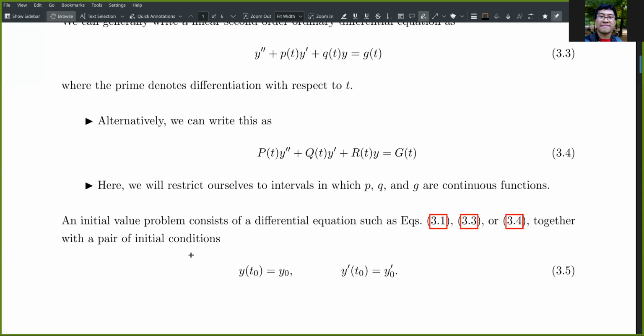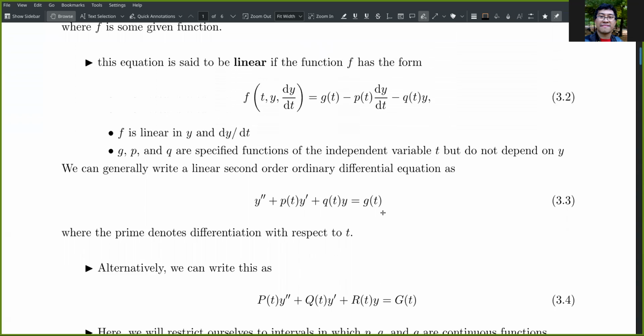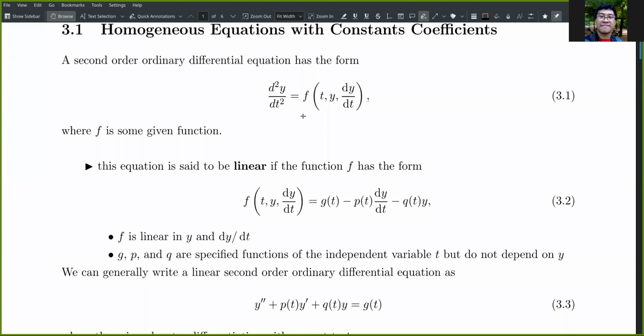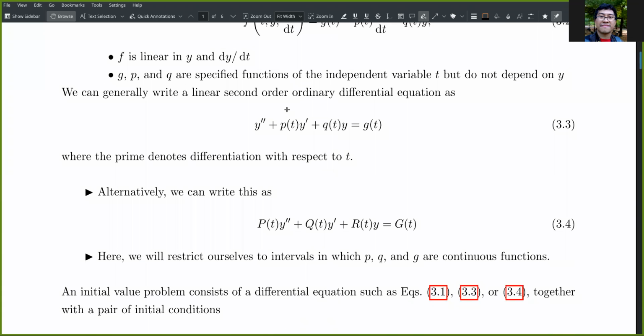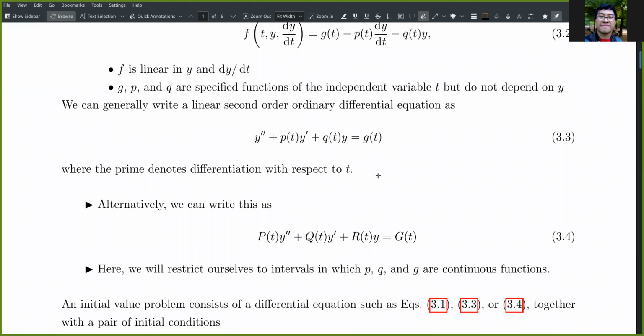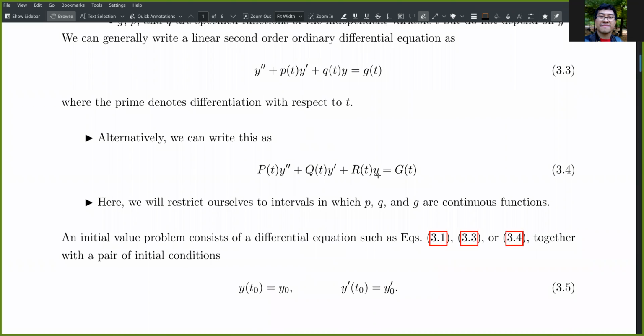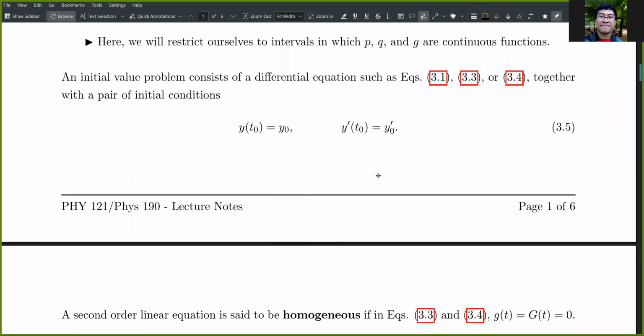An initial value problem consists of a differential equation such as 3.1, or this general expression, 3.3 here, or 3.4, and a pair of initial conditions: y at initial time t sub 0 equals y sub 0, and the derivative y prime at t sub 0 equals y sub 0 prime.